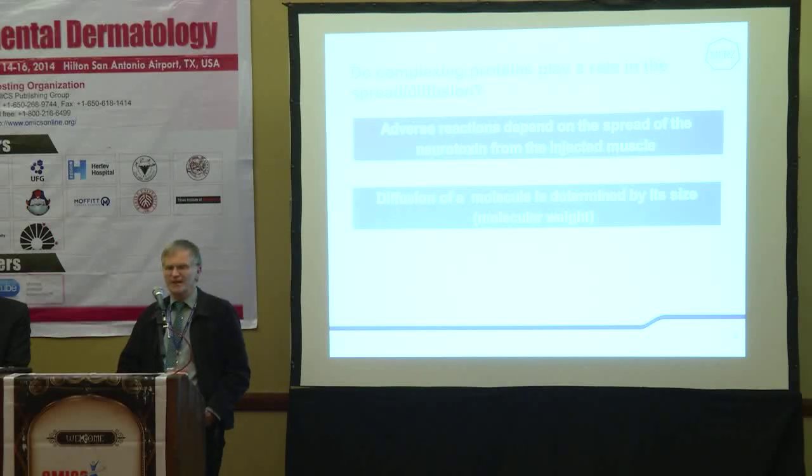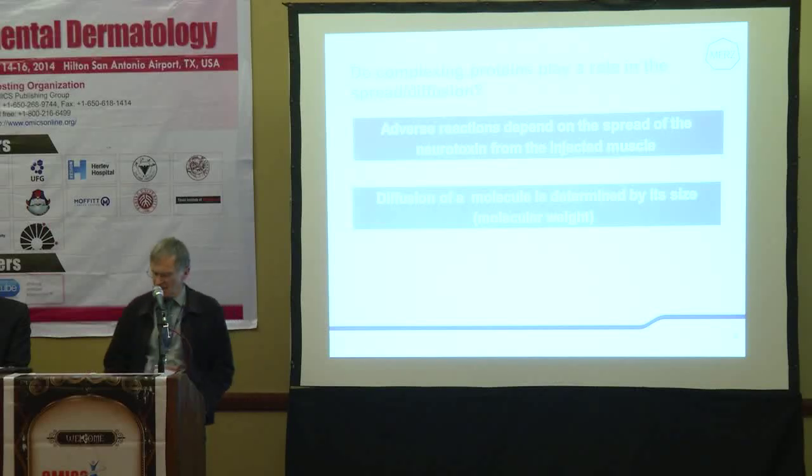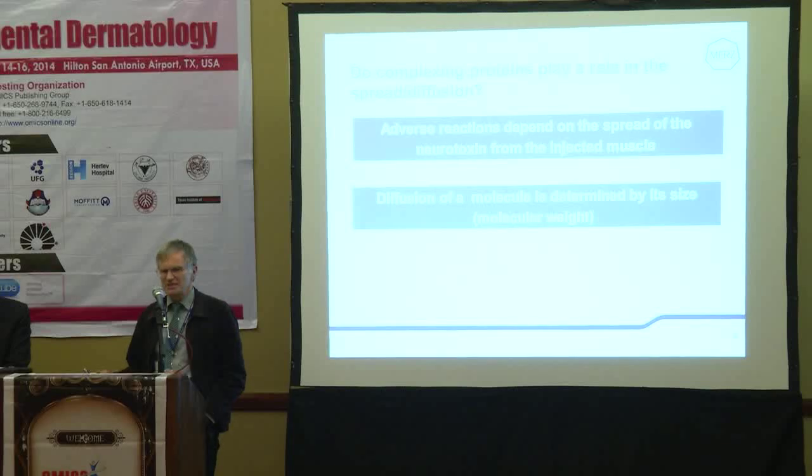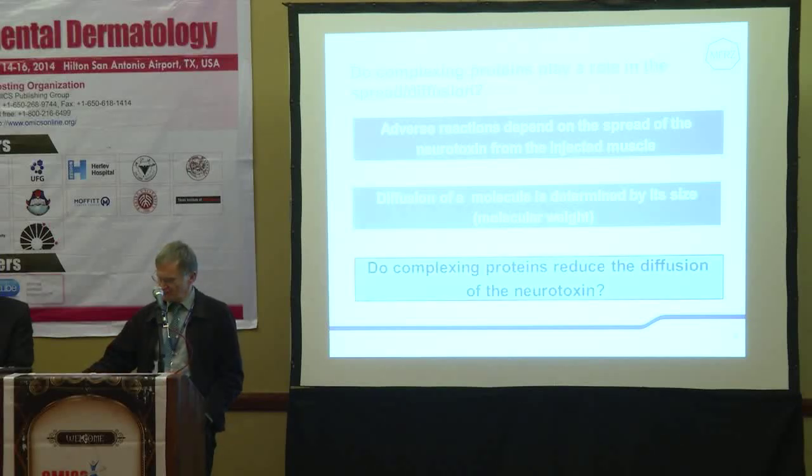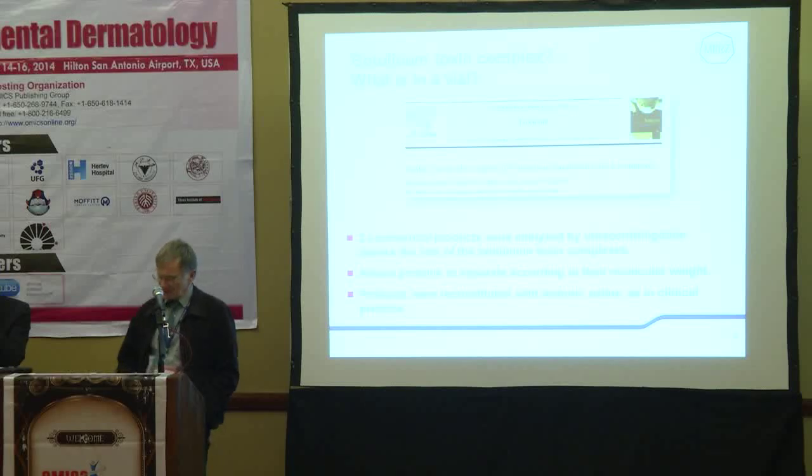Well, adverse reactions of botulinum toxin therapy depend on the movement, the migration of neurotoxin molecules from the injected muscles into other muscles. The movement of proteins is dependent on the size of the molecule. That would mean if there would be a 900 kD complex, the movement would be slower, or the rate of adverse events would be lower. Is that really the truth? Well, it is not, and that is demonstrated in this analysis.